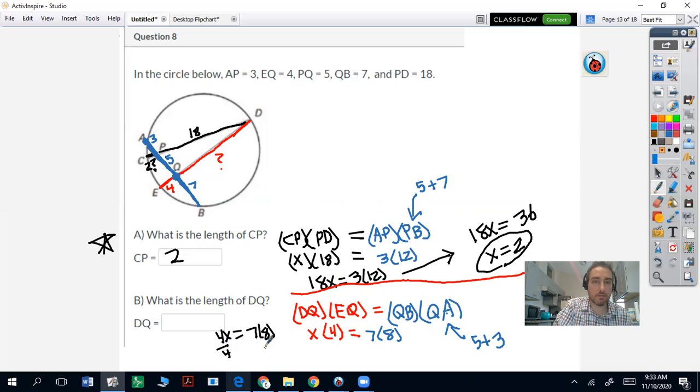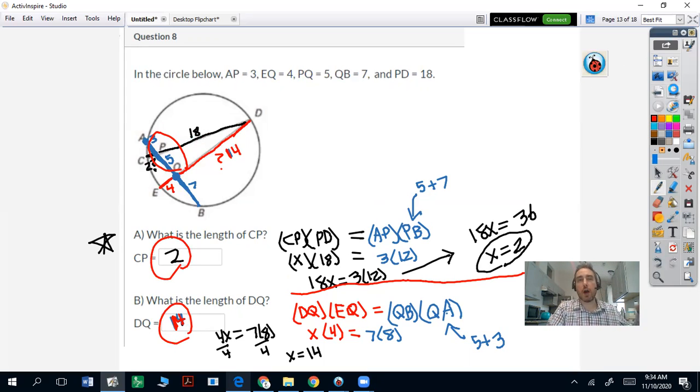So 56 divided by 4 should be 14. So 14 will be this length right there. So 14 times 4 is equal to 7 times 8. 2 times 18 is equal to 3 times 12. Okay, that relationship holds. So 2 and 14.